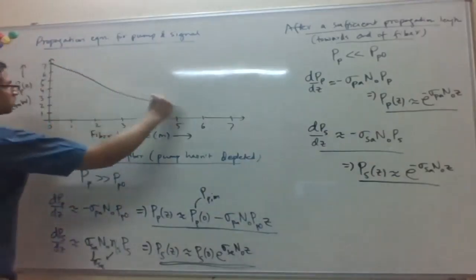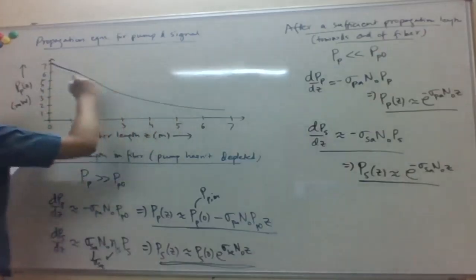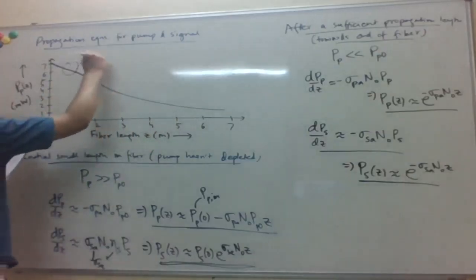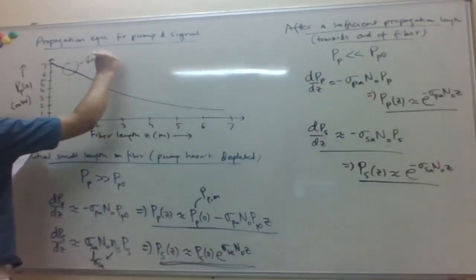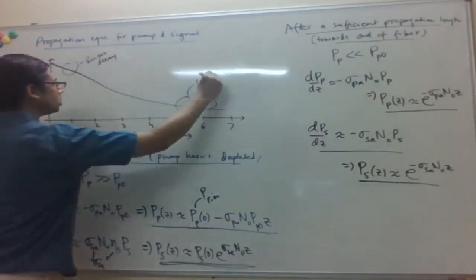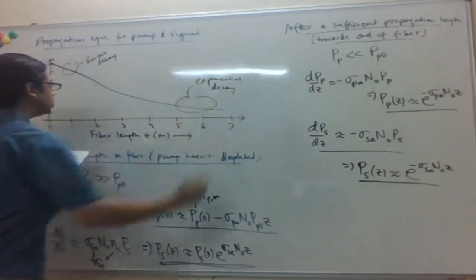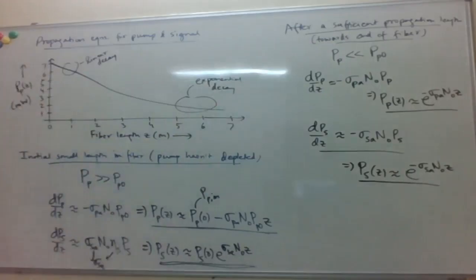And then eventually you start getting exponential decay. So the initial part is linear, and then exponential.